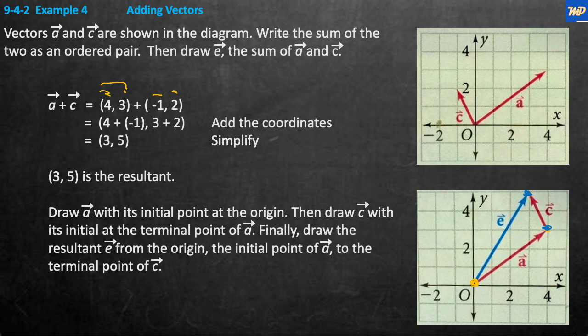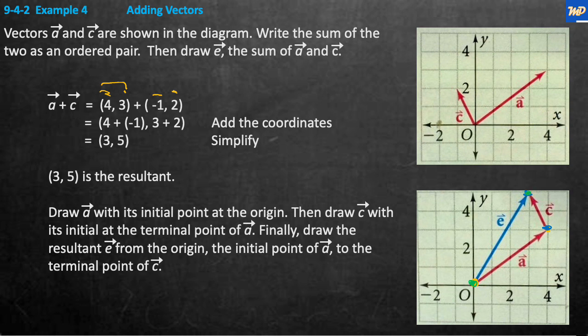So what is the final vector? It says draw the resultant vector E from the origin down here, and I'll do that in green. E starts at the origin, and goes to the terminal point of C, which is up here.